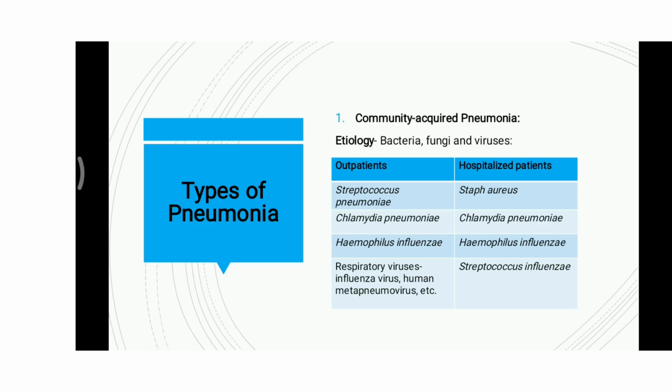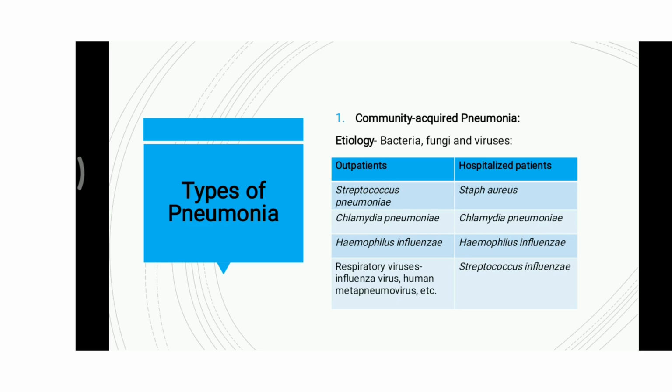If we study the pathogens, they include Streptococcus pneumoniae, Chlamydia pneumoniae, Haemophilus influenzae, and some respiratory viruses, including influenza virus and human metapneumovirus. So these are the pathogens which are causing community acquired pneumonia in the case of outpatients.